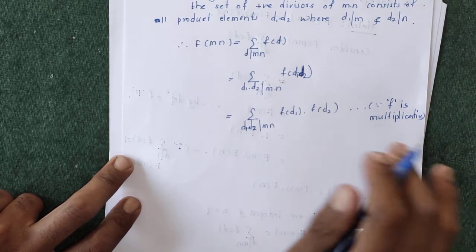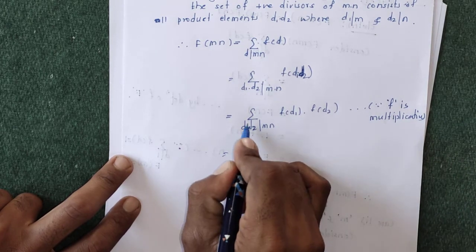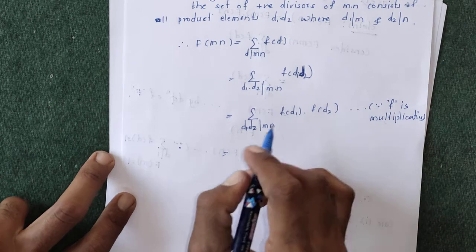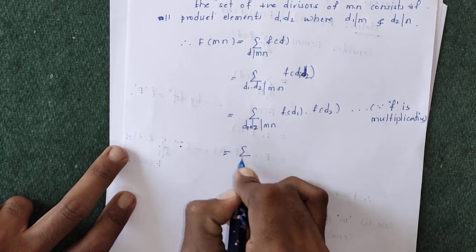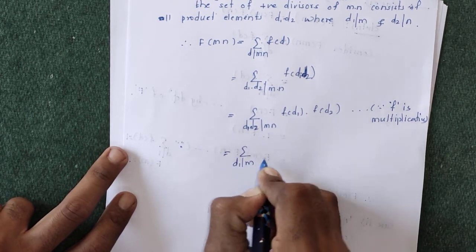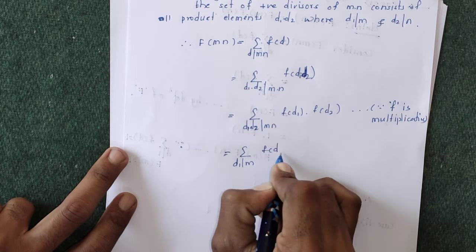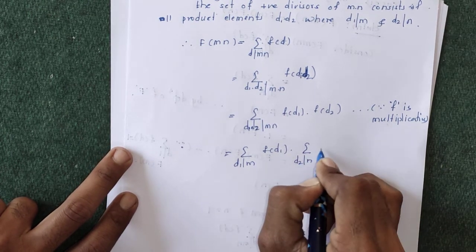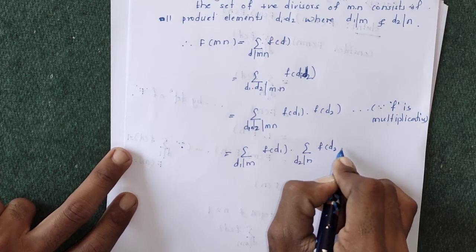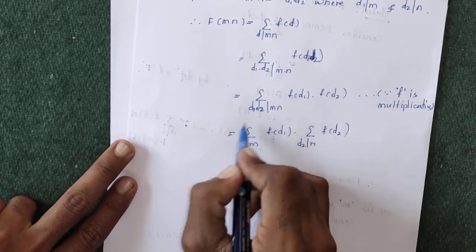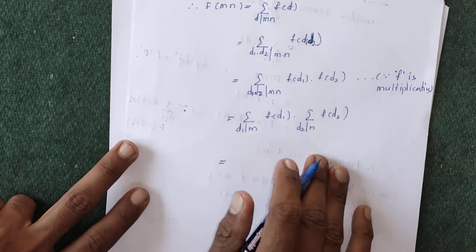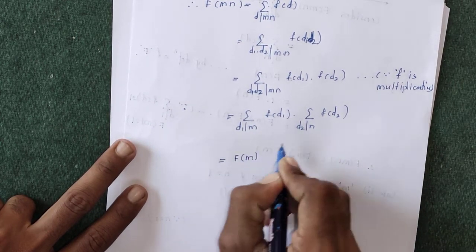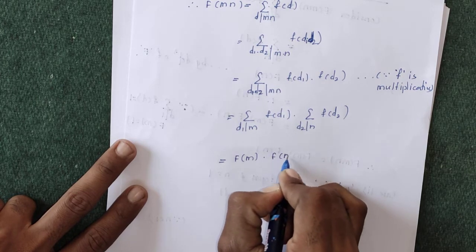Now here d1 is a divisor of m and d2 is a divisor of n. So we can write it as the summation over d1 dividing m, f of d1, into the summation over d2 dividing n, f of d2. And now by using the definition of capital F of n, we can write it as F of m and this is F of n.